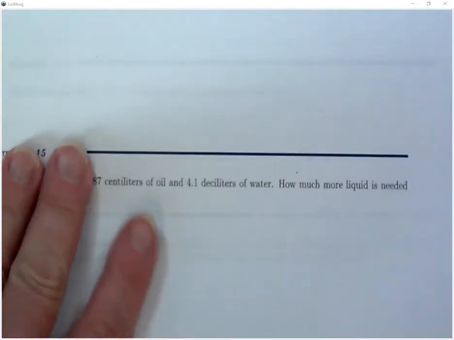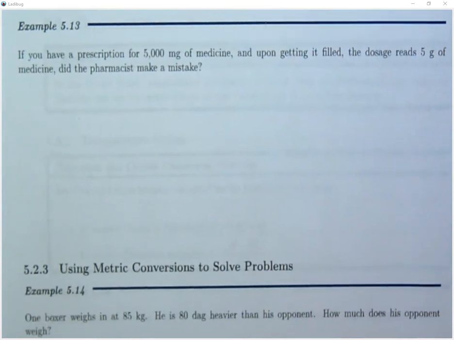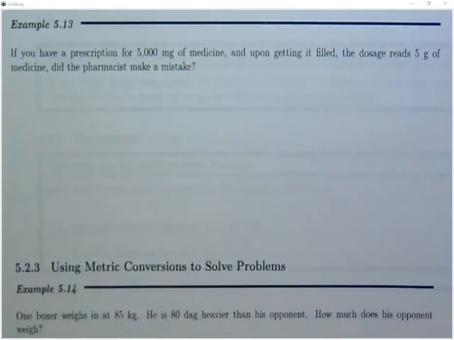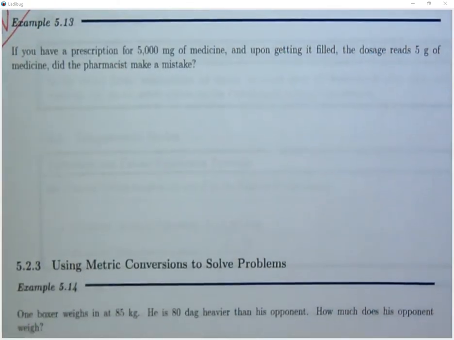Now we're on to page 56 of your workbook. I'm going to leave a couple of these for you to do for classwork because I think you can handle that. So this one here is going to be classwork, example 5.13.